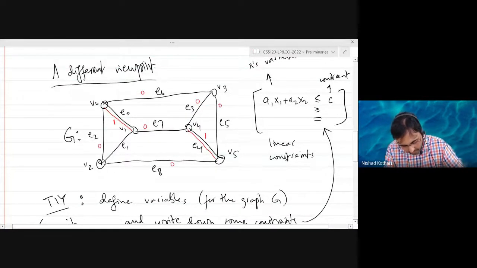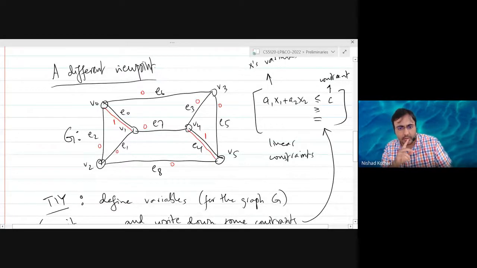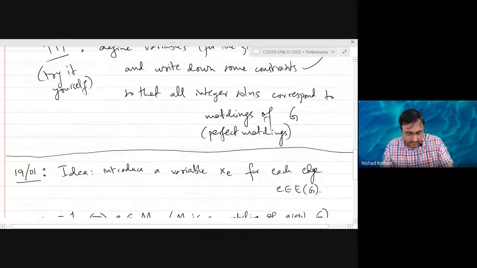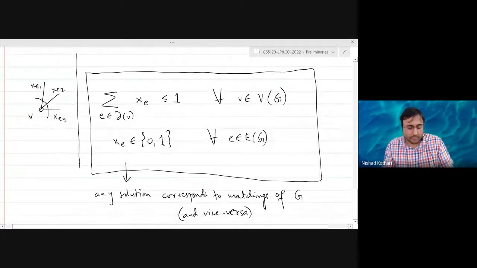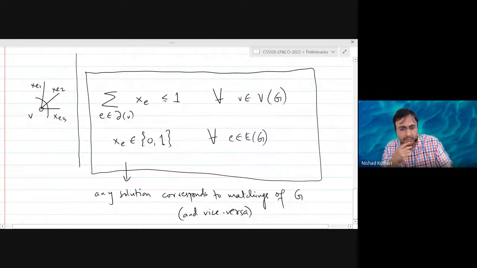Right? So you've got 7 zeros and 2 ones. And this satisfies all of these constraints. Does everybody agree with this? Are there any questions or concerns at this point?